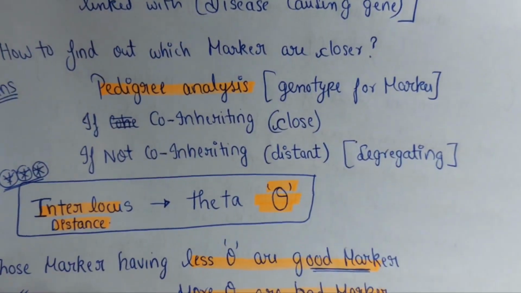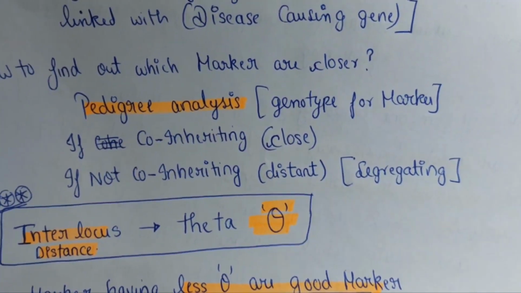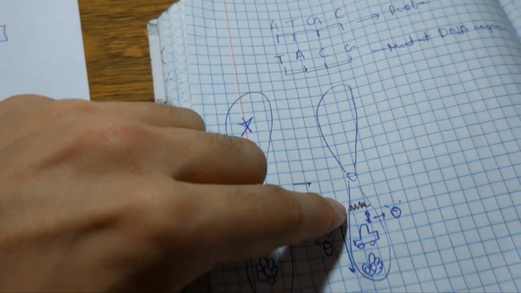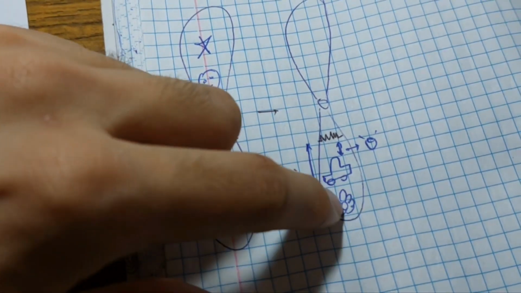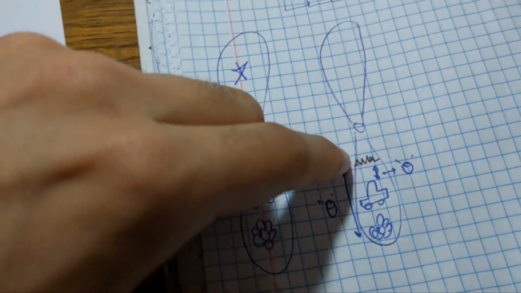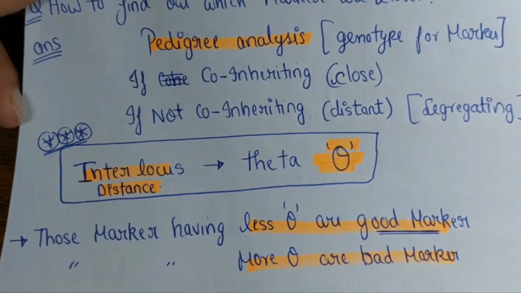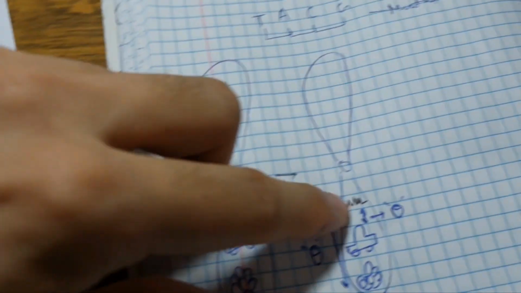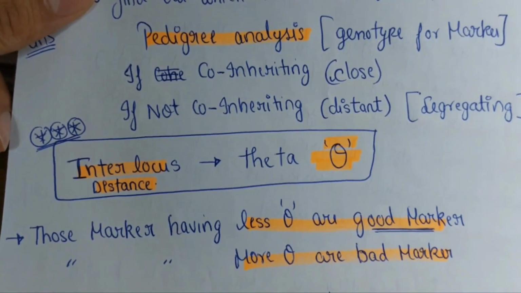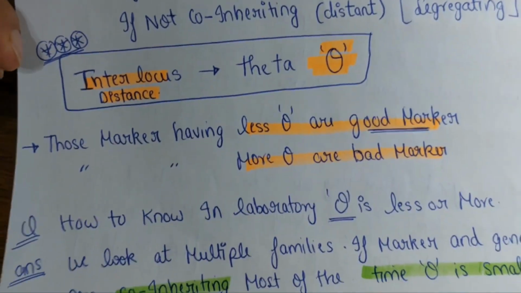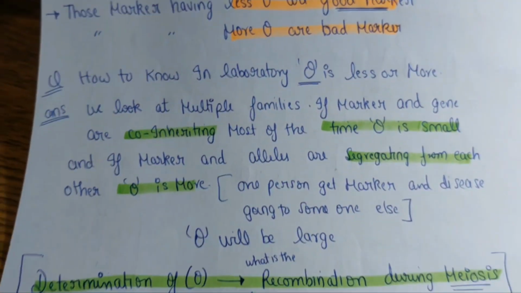But if they are non-co-inheriting, this means that the distance between the defective gene and the genetic marker we are considering is large and the theta is large. So if we have less theta, it is a good marker. Theta is basically the distance between the defective gene and the genetic marker we are considering. If the theta is large, it is a bad marker, but if the theta is less, it is a good marker.